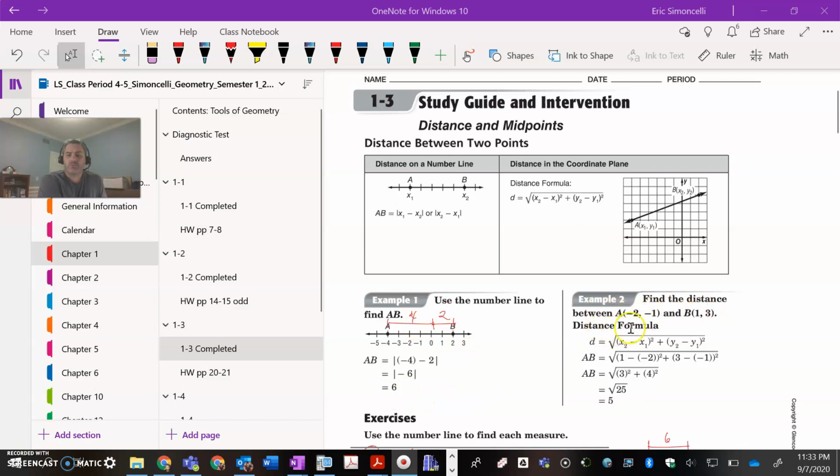Example 2. Find the distance between A, which is at -2, -1, and B, which is at 1, 3. I do encourage that you graph this on an XY axis on your own later.